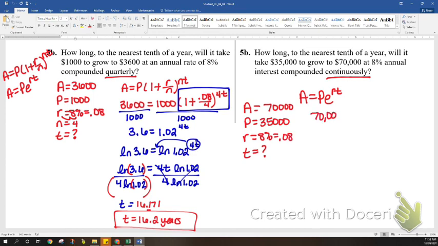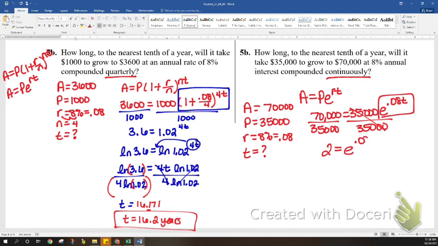All right, so let's plug it into our equation. So 70,000 equals 35,000 e to the 0.08t. Again, we've got to get that base and exponent by itself, so let's divide by the 35,000. So we get 2 equals e to the 0.08t.